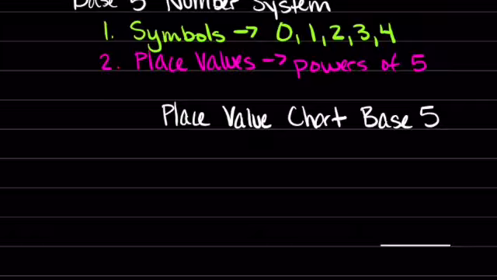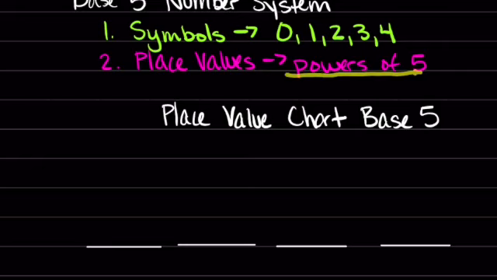Here I am drawing each place value, giving a space for each place value. Place values in base 5 are very similar to the place values in base 10. They go forever, right? We can always go to the next place value. So in our place value chart, we're going to think about each place value based on powers of 5.